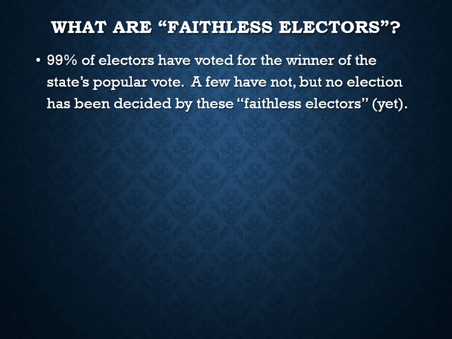The idea that the founders had was that they couldn't trust the people, so they would have them choose, directly or indirectly, electors who then would make the decision. But if those electors just go rogue and do whatever they want, is there anything that can be done about that? Well, that depends on each state, strangely enough.